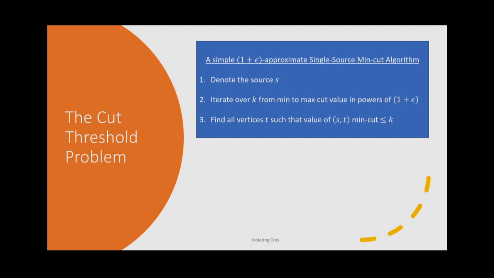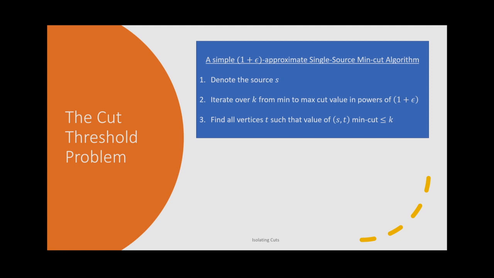So if I am able to solve this, then I actually am able to solve the single source approximate min cuts problem. Because in every step, when I go from, let's say, (1 plus epsilon) to the i to (1 plus epsilon) to the i plus 1, the new vertices that join my pool are precisely the ones whose min cut value is between (1 plus epsilon) to the i and (1 plus epsilon) to the i plus 1.